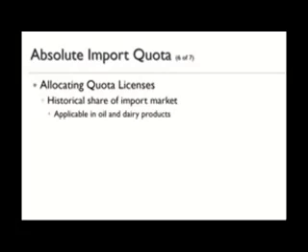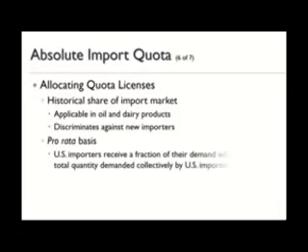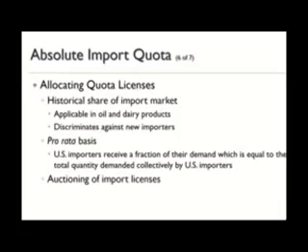One moderating approach applied in the U.S. was to allocate import quotas to domestic producers of the commodity based on their historical share of the import market. That is, intended to prevent the award of monopoly power to an importing entity. A variation of this is to award import quotas on a pro-rata basis, with licensed import amounts equal to a fraction of their demand of the total import quota.